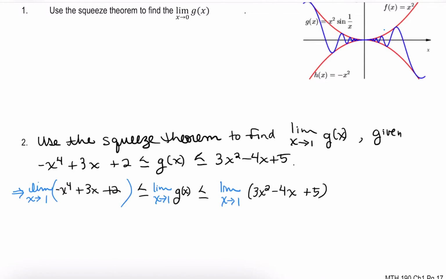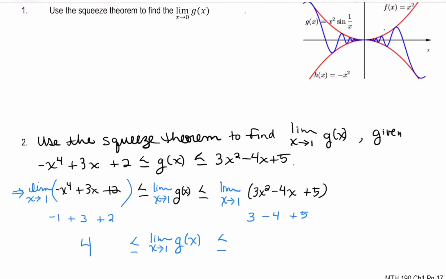These are nice polynomials, so with direct substitution, this is going to be negative 1 plus 3 plus 2, so that's going to be 4, is less than or equal to the limit that I'm being asked to find, and that's going to be less than or equal to 3 minus 4 plus 5.